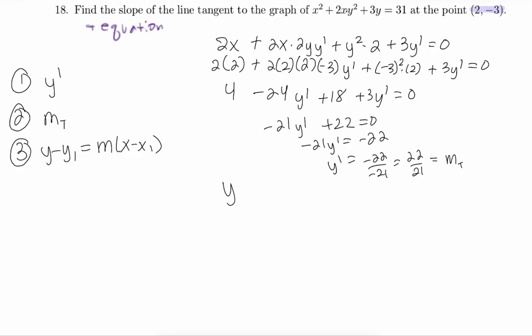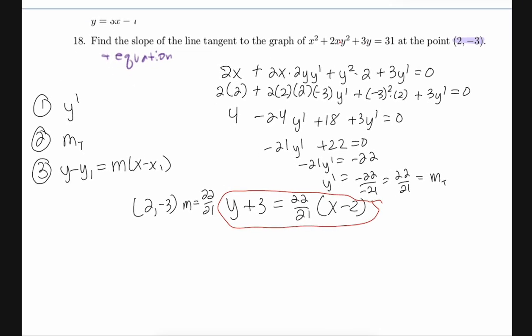So we're using the point 2, negative 3, and the slope 22 over 21. I don't expect you to simplify it because I don't care. I know you know how fractions work and all that good stuff. So it would be y plus 3 equals 22 over 21 times x minus 2. And that's our answer.